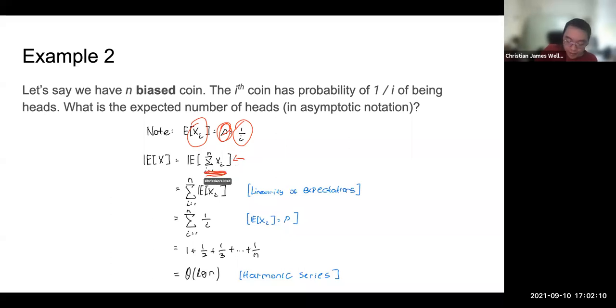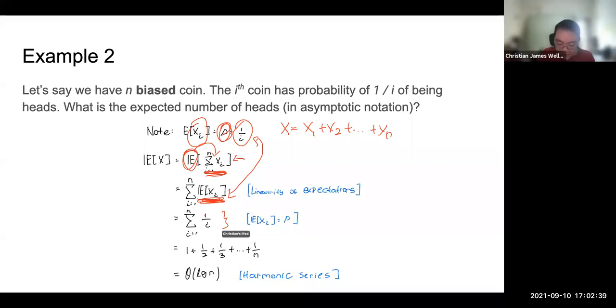We want X equals X1 plus X2 all the way to Xn, right? Then by linearity of expectation, we just push the expectation in, okay? After pushing the expectation in, this E[Xi] is exactly 1 over i. So we just substitute it here, 1 over i.